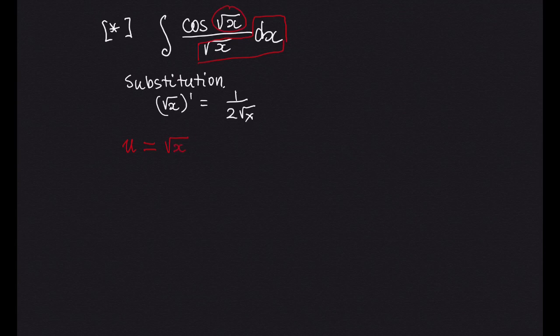The reason that this substitution is going to work is because when we compute du, it's going to be 1 over 2 square root of x dx. So that means that dx over square root of x is going to be 2 du. So this portion right here is going to be 2 du, and the rest is going to be cosine of u.